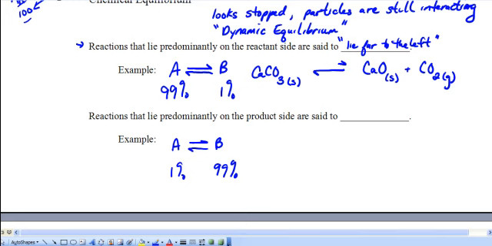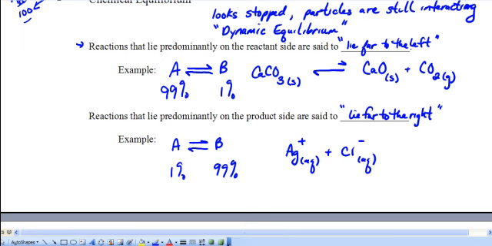So most of the reaction goes to the right, so we say that this reaction lies far to the right. A good example of this would be taking silver ions in solution and chloride ions in solution. Most of those are going to turn into silver chloride solid. But a very, very few number of particles will go back to silver and chloride ions.